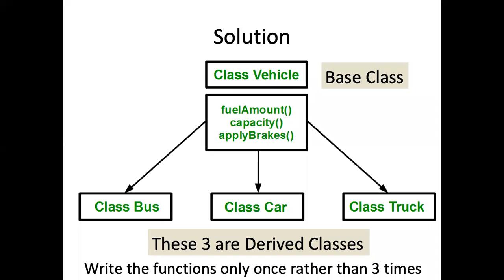In order to make your code more readable, accessible and understandable, you divide the concepts into base class and derived classes. The derived classes have some common attributes, and all those common attributes, whether functions or data members, are made part of the base class.